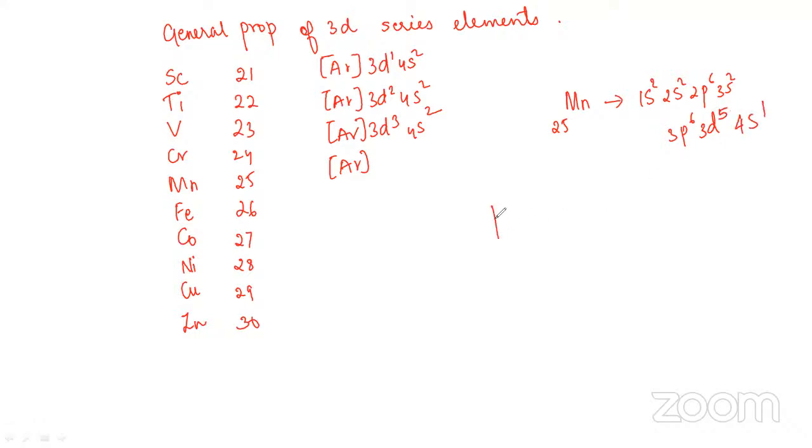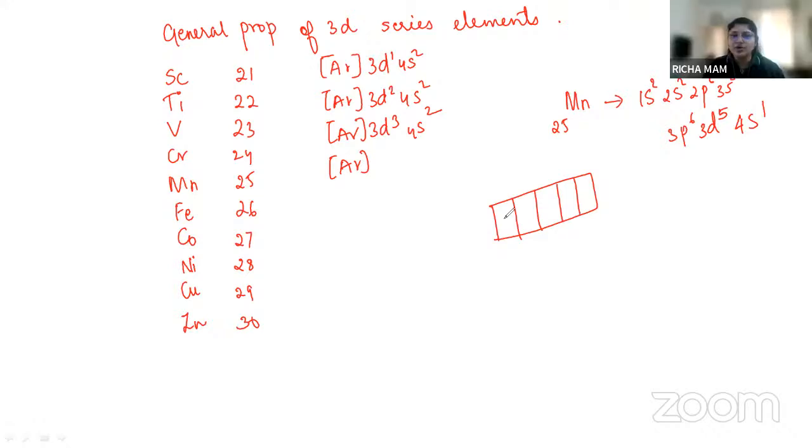So can I do it like this, 3d5 and 4s1? You know that whenever we talk about d orbitals, a d5 system means half-filled electrons, and a d10 system means completely filled electrons.